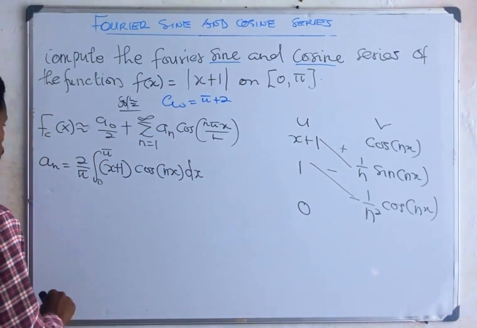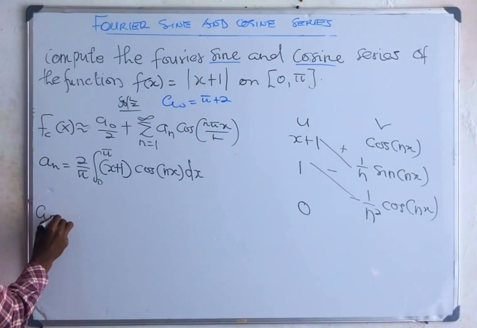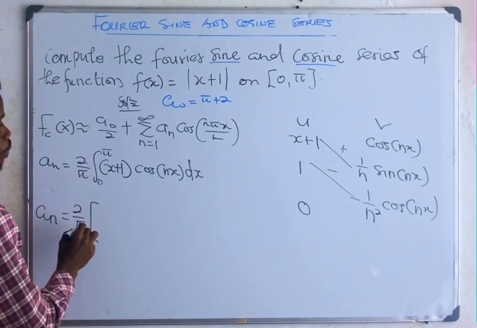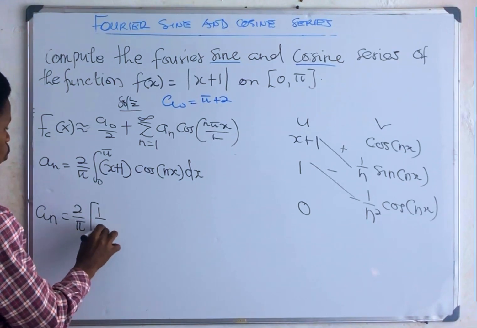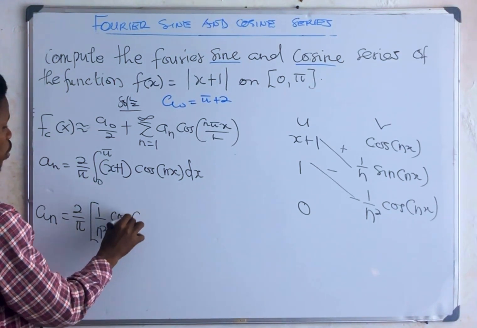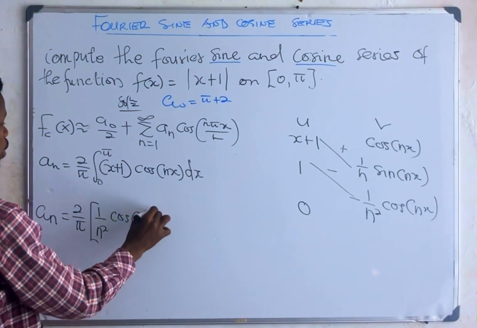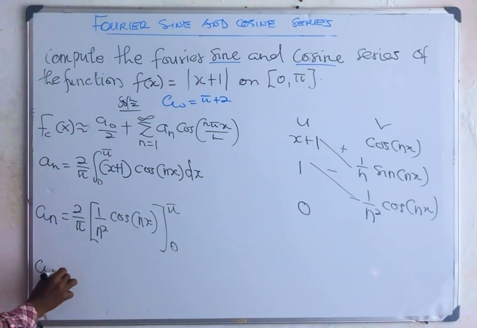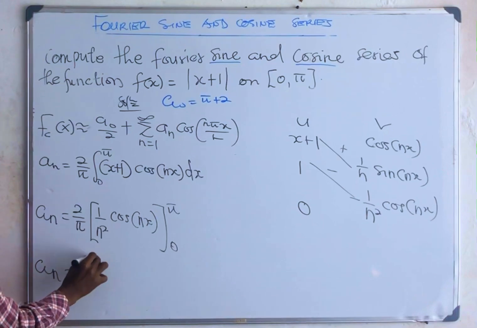So here, when we integrate this, what we have is 2 over pi times 1 over n squared cos nx from 0 to pi. So my a n equals 2 over pi.